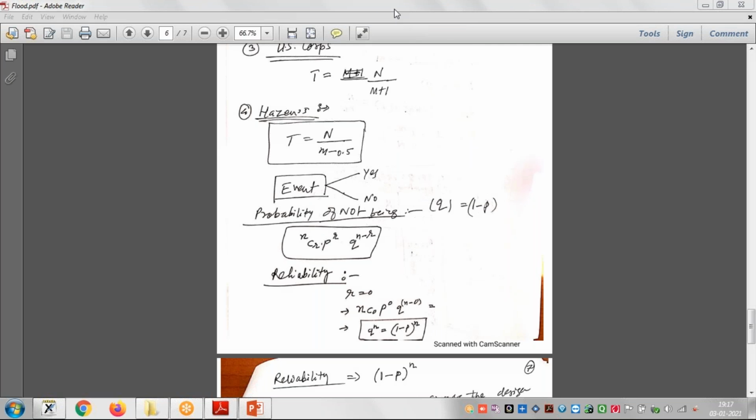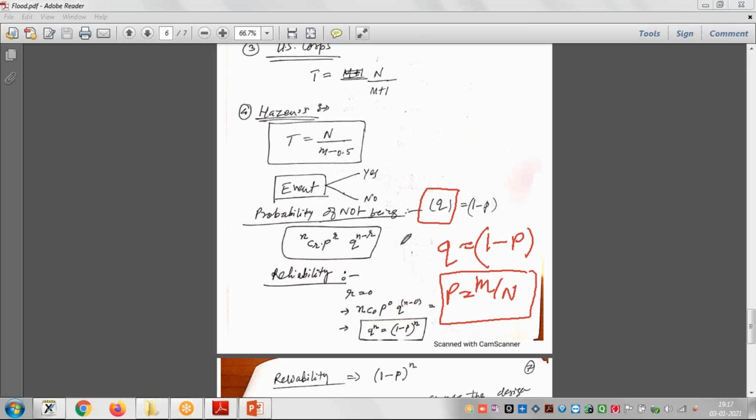The probability of not being occurred is denoted by small q, and this small q is equal to 1 minus p. And what is p? We have already seen this. P is the probability, and we have seen it is m upon n, right? Some scientists gave this formula for the probability of not being occurred.